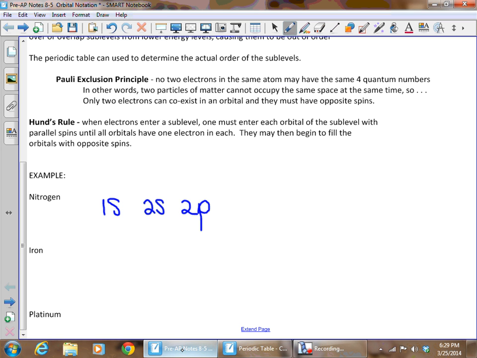Above those sublevels, we're going to write blanks representing how many orbitals they have. A blank is going to represent for us an orbital. Remember, those orbitals can hold 2 electrons and they have to be spinning in opposite directions.